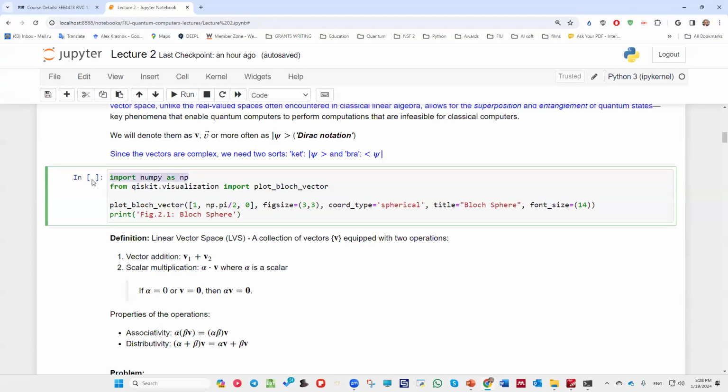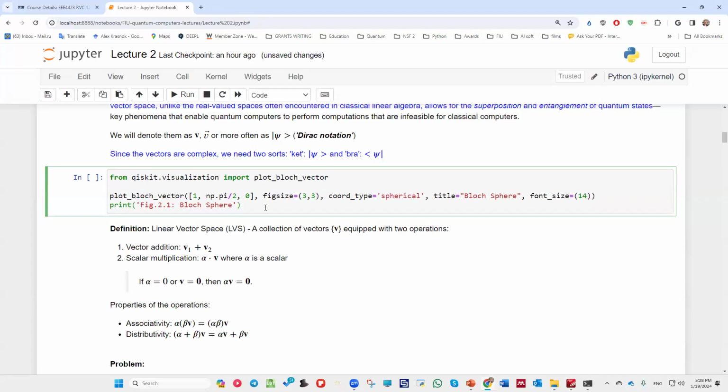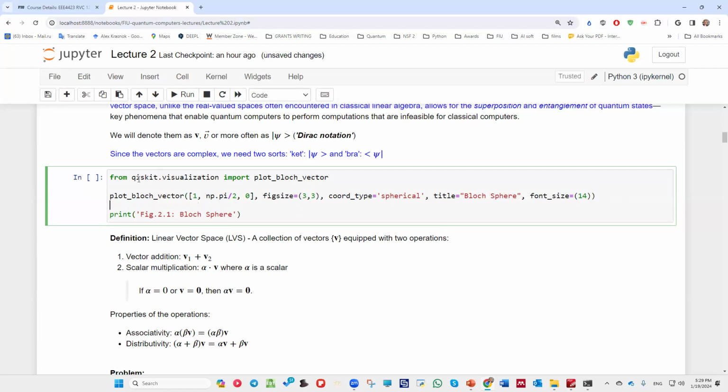Here I put a short piece of code that allows me to show you this Bloch sphere. In the first line I import the visualization part of Qiskit. For now I don't need the entire Qiskit, just the visualization part, and I need this plot Bloch sphere function.